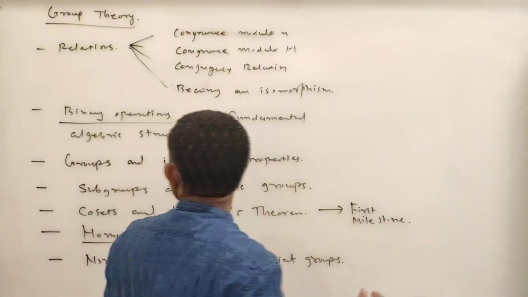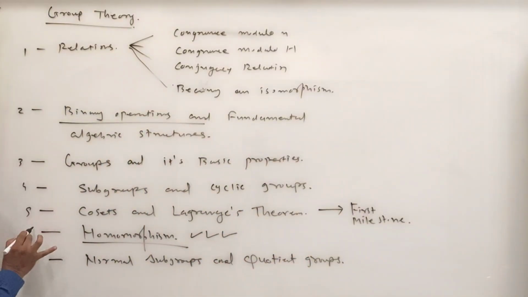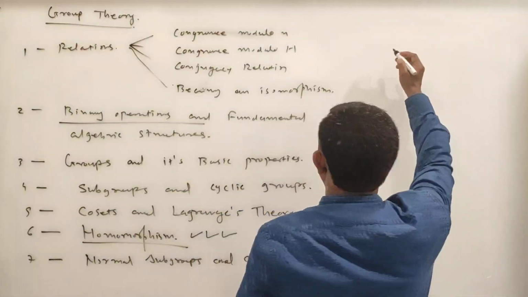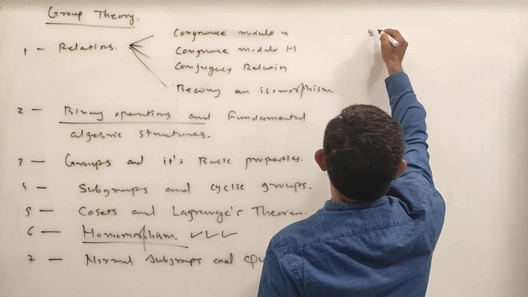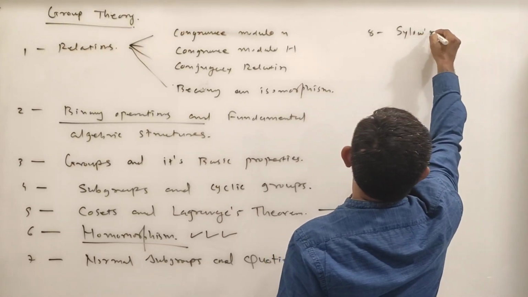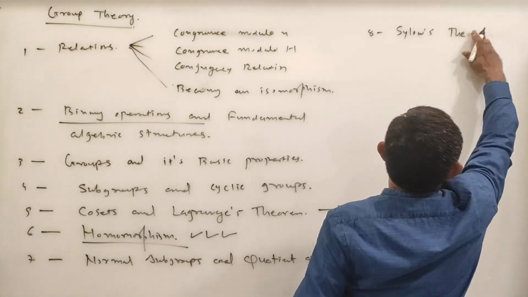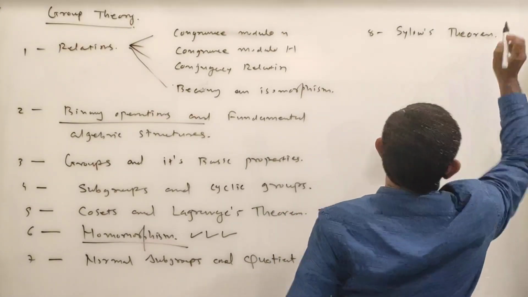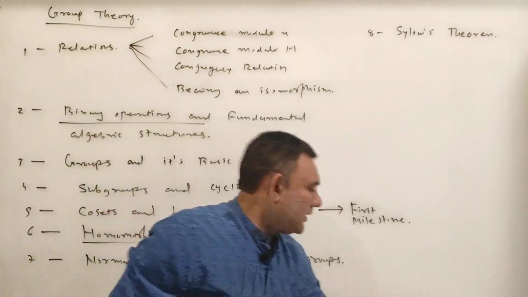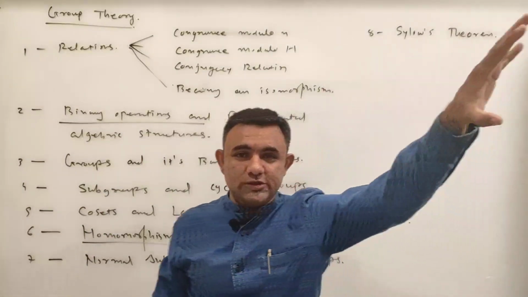Then let me number 1, 2, 3, 4, 5, 6, 7, and finally we have the 8th, Sylow's theorem. So in Sylow's theorem, actually our aim in group theory is to understand all the Sylow theorems.